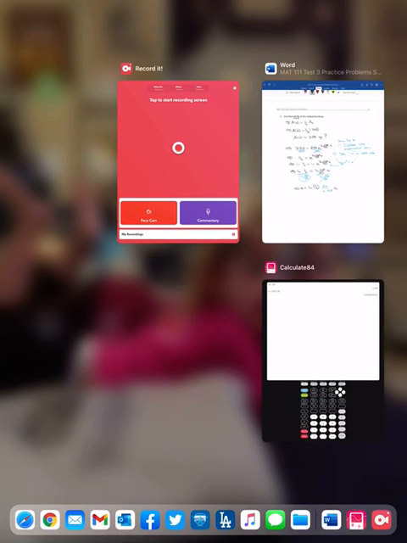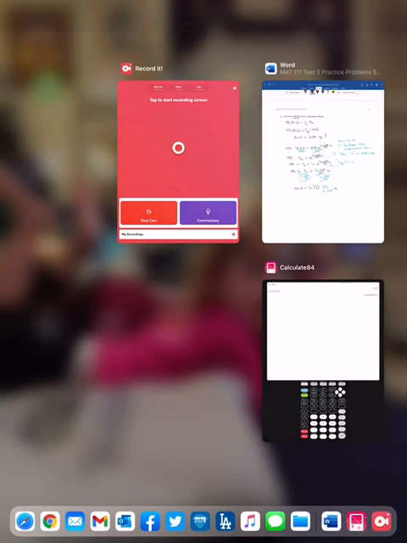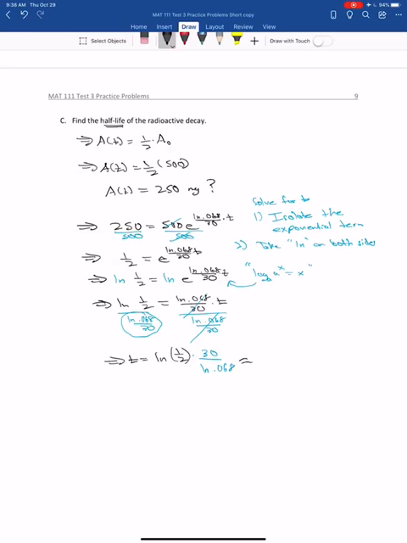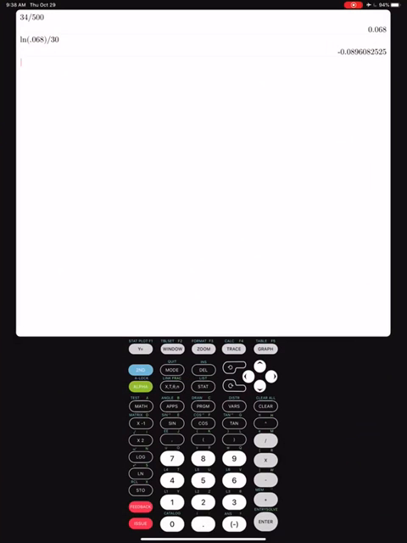Let's pull up our calculator here. If you want, let's write that down on paper so we can look at it as we put it in the calculator together. So again, I got the natural log of 1/2, times 30, divided by natural log of 0.068.